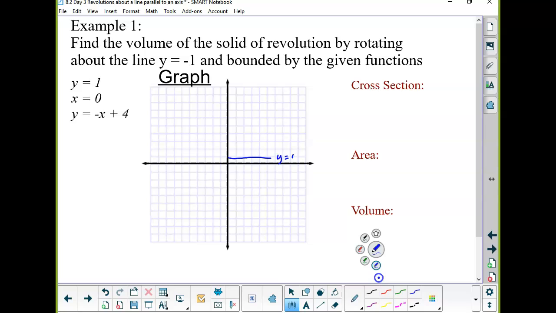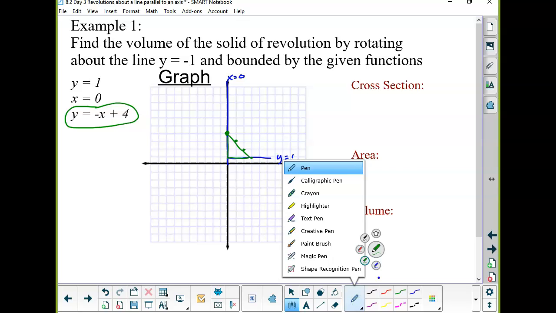And then I've got the line x equals 0. Then we've got the linear equation, -x plus 4. With this one, I've got a y-intercept at 4: 1, 2, 3, 4. And then I go down 1 over 1 as a slope. And you don't have to go super crazy. You just need to get that region bound between those values.